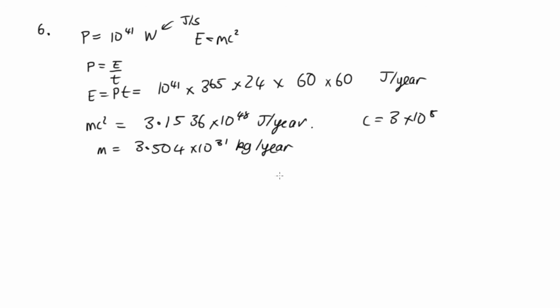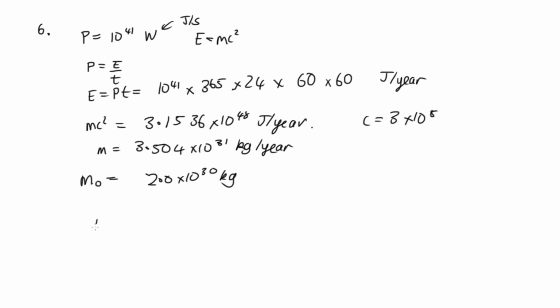But what we're asked is in solar masses per year, and one solar mass is equal to 2 times 10 to the 30 kilograms. So we divide this by this to end up with solar masses per year.